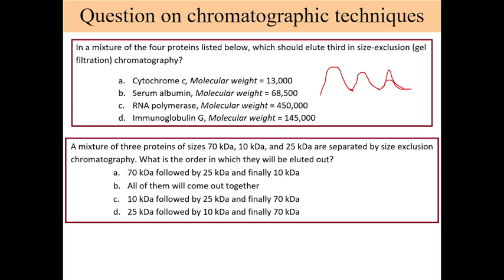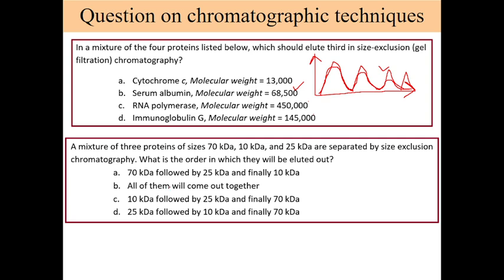The peak size tells you the amount of protein that is present, right? So this is basically the order of elution in a size exclusion chromatography. In this case there should be 4 peaks. So you see this is the first one that is going to get eluted, this is the second one, and this should be the third one that is going to get eluted.